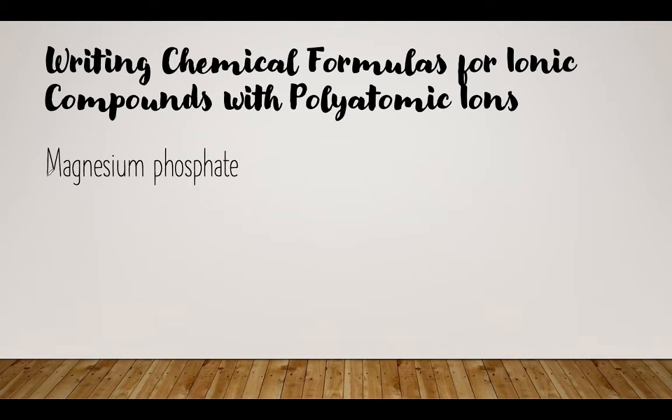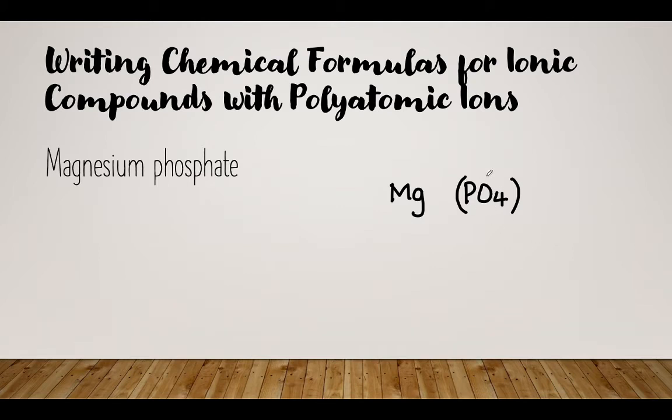Just like we would for any other ionic compound, we have to list out what elements are here. So magnesium is Mg, and phosphate, I know that's a polyatomic ion, so I'm going to write PO4, and I'm going to close the brackets and write the charge for each of these.